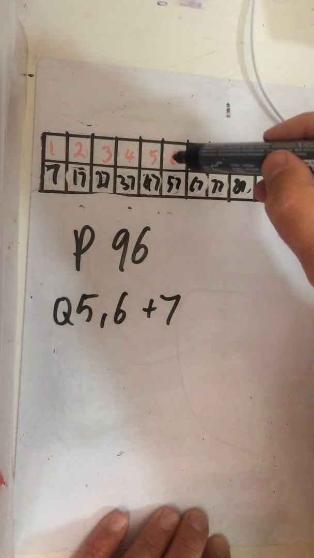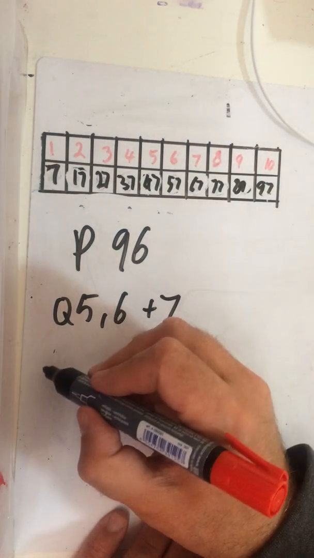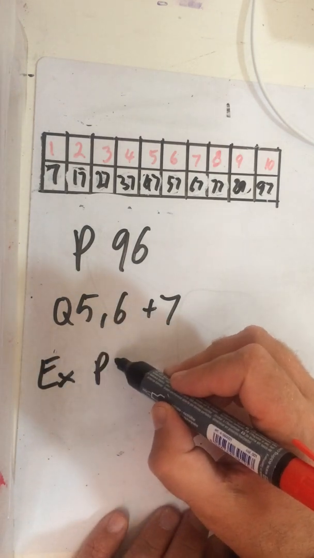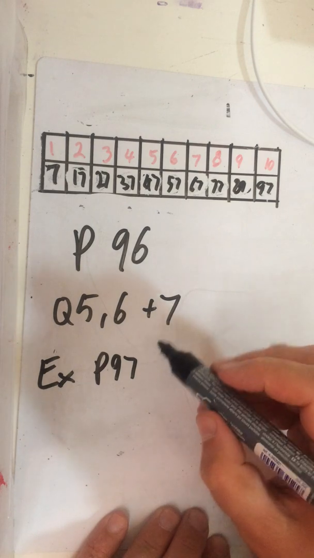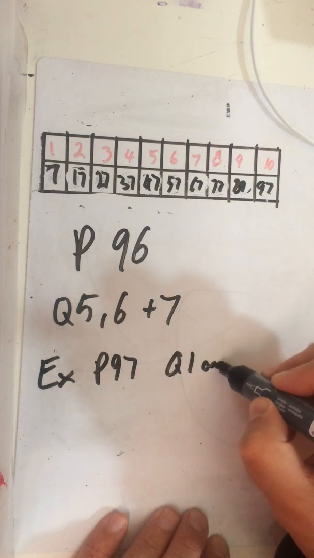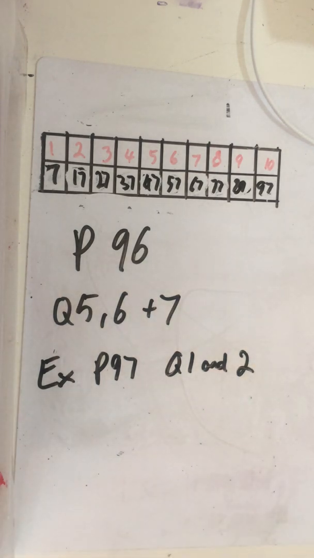They're very similar to the ones I've done there. And then the extension, if you've got time, and something a little bit more challenging, page 97, questions 1 and 2.